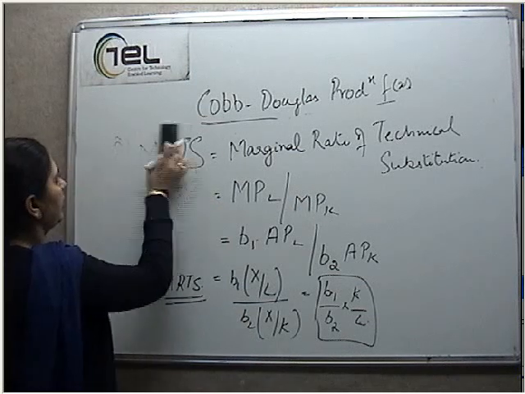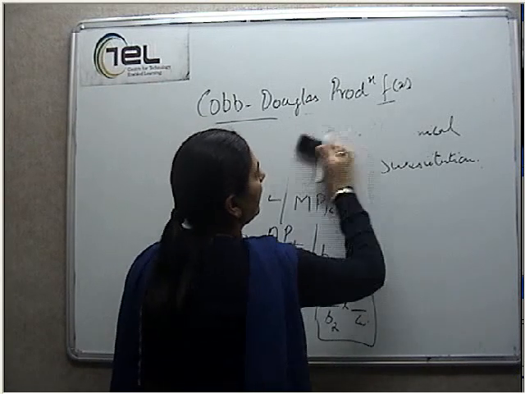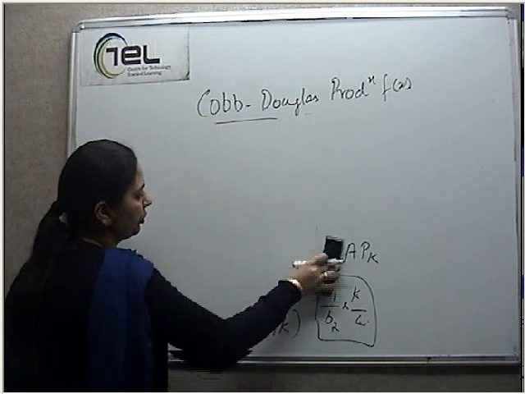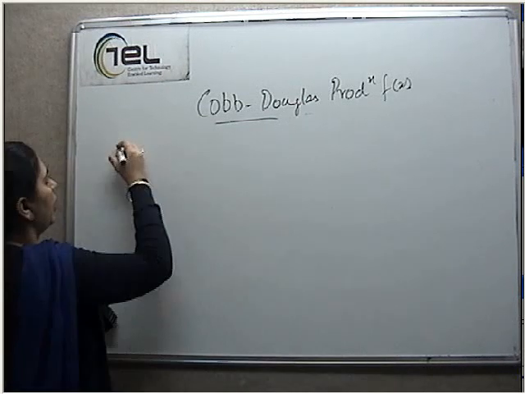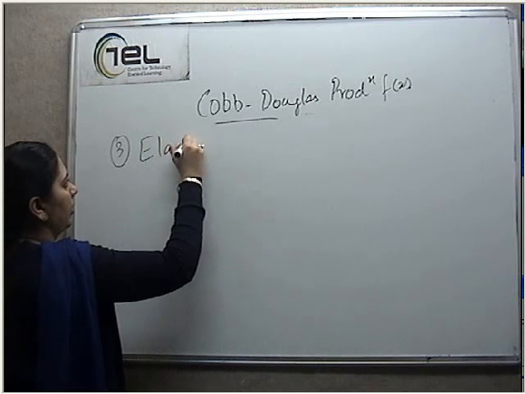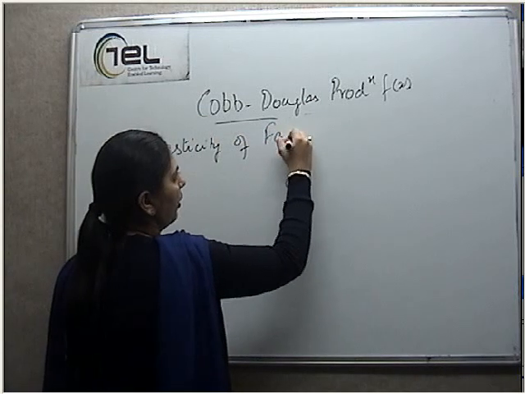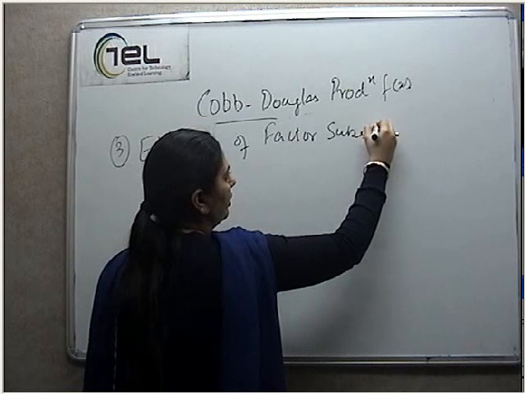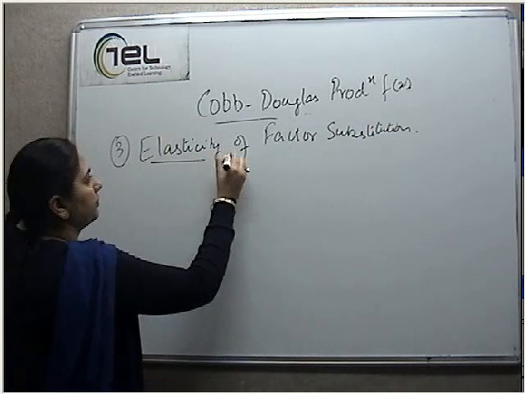Let's go on to the third property. Our third property talks about the elasticity of factor substitution. How do we find the elasticity of factor substitution?